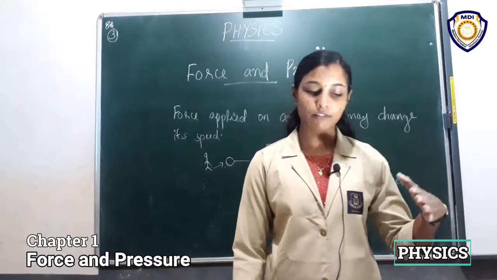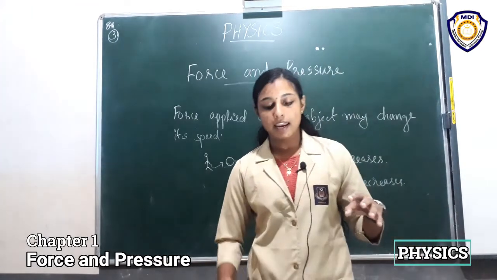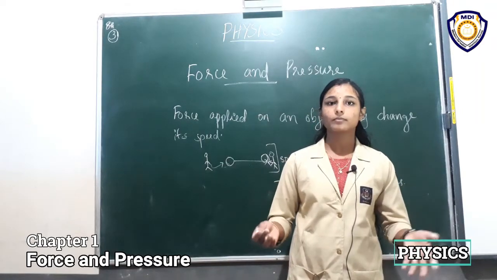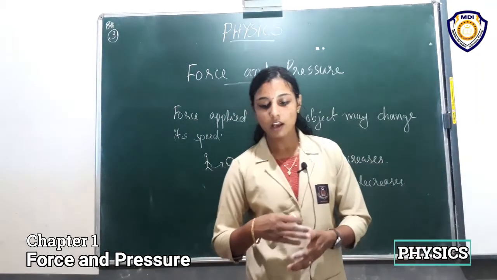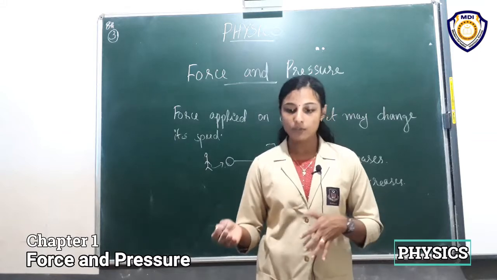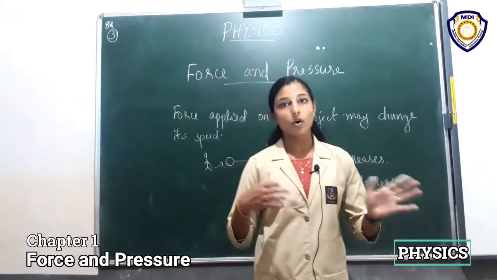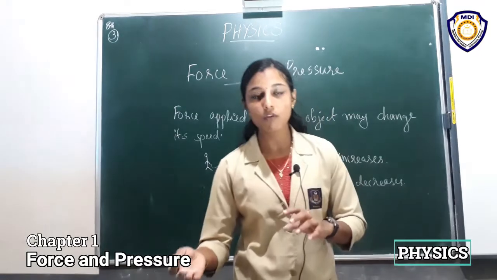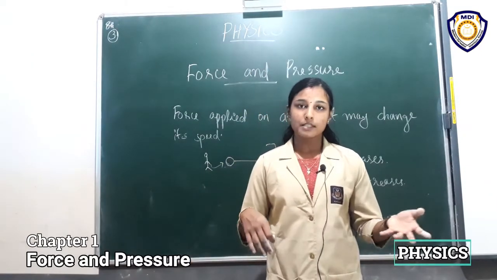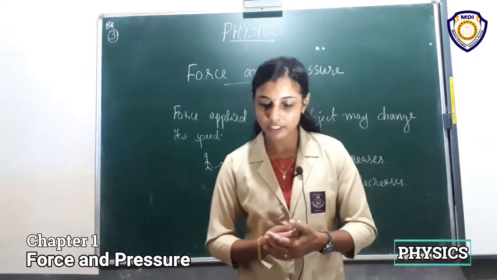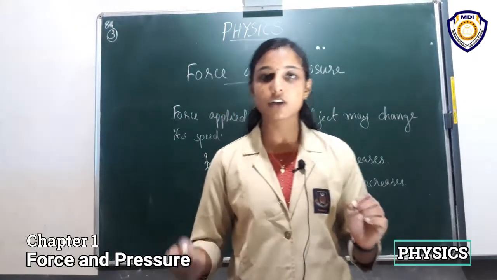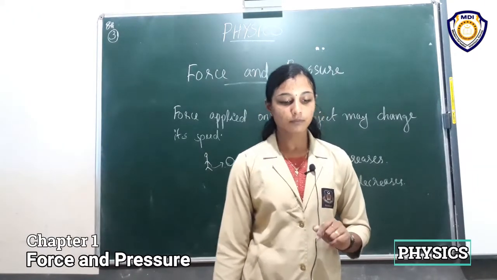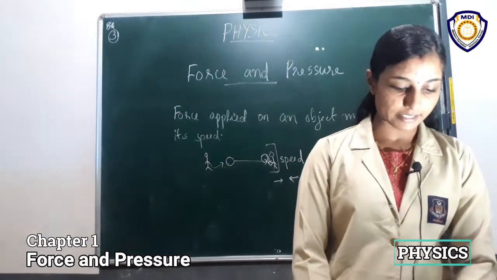So while applying a force, it could change the state of motion, that means a moving object will come to rest, or an object at rest will start to move, or the speed of the object may change and also the direction of the motion changes, right? So you should underline these things.